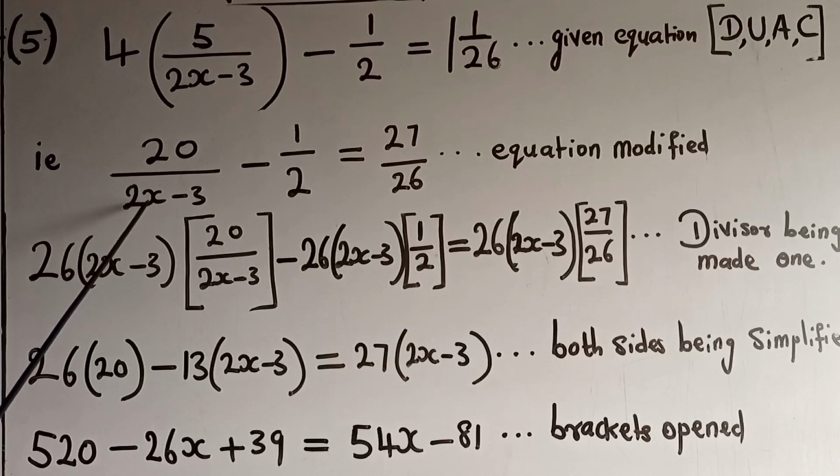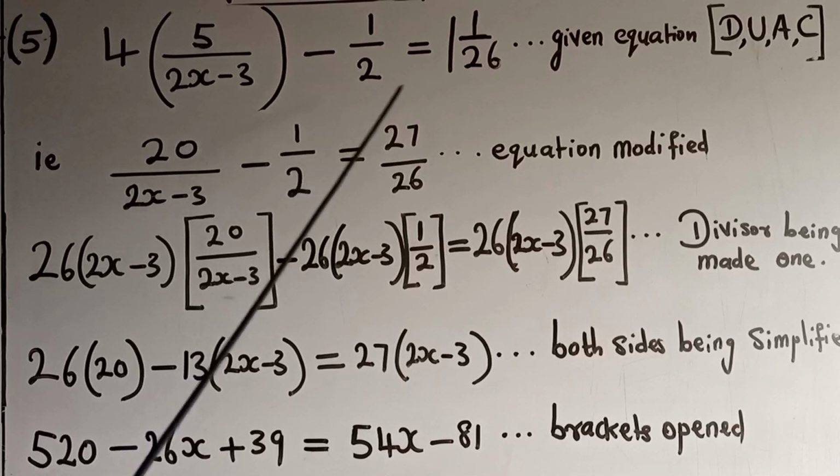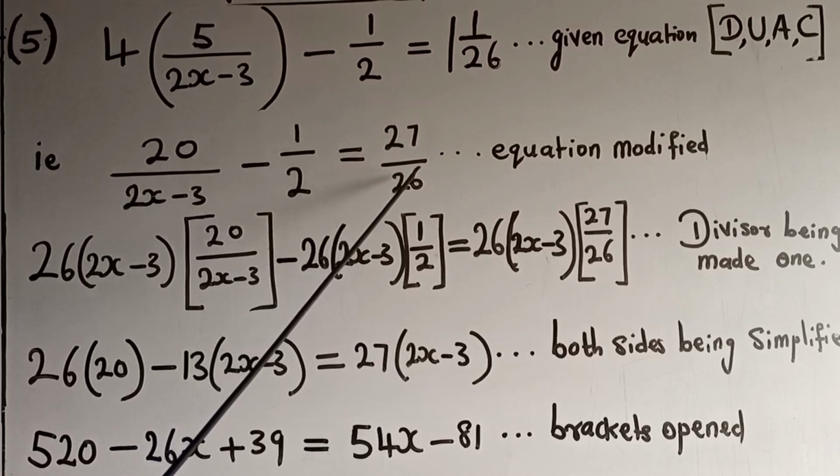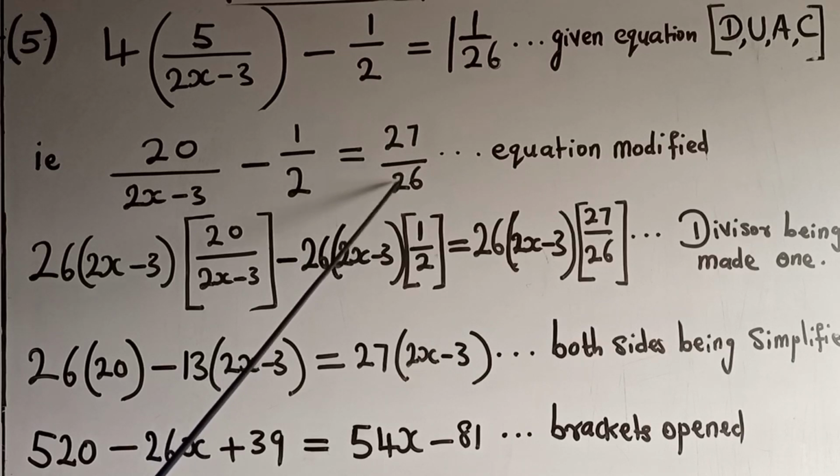So how do we make these divisors become 1? As before, we choose the LCM of the denominators. But the question now is 2x minus 3, 2 and 26 are the divisors or the denominators. Though this cannot be called denominator, it is better we call all of them divisors.